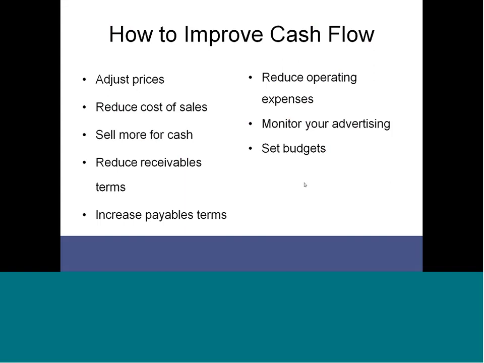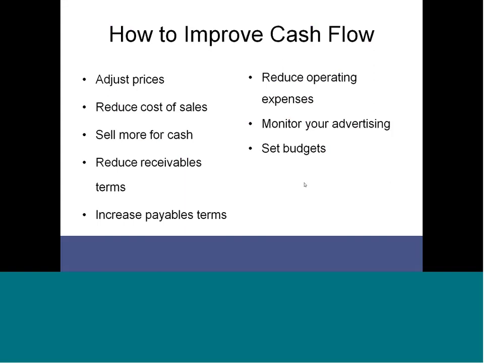We can decide, let's not give people terms and sell for more cash, getting cash flowing through the business. We can reduce our receivables terms. Say to clients, we can't give you 30 days, but maybe we can give you 14 days to pay us. So these are some of the things you can do.